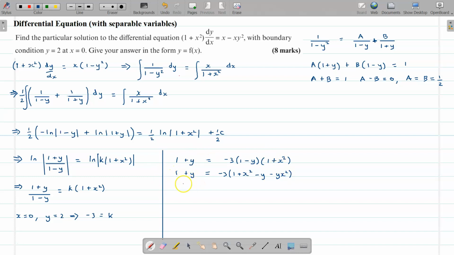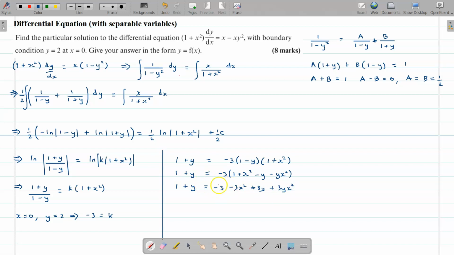If I multiply out the brackets, probably the best thing. 1 plus y equals minus 3 minus 3x squared plus 3y, and we've also got plus 3yx squared.